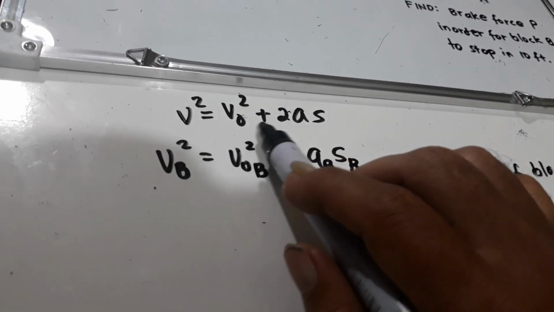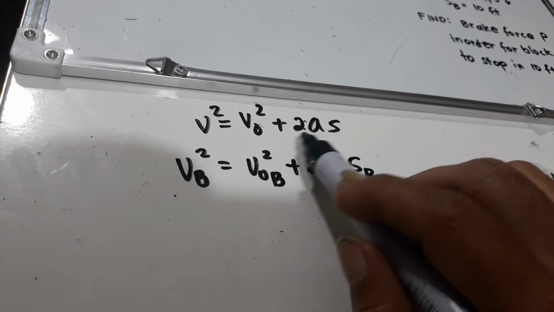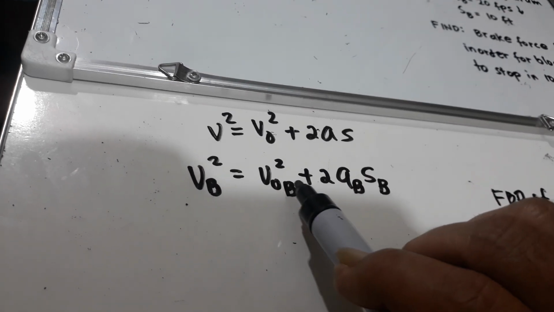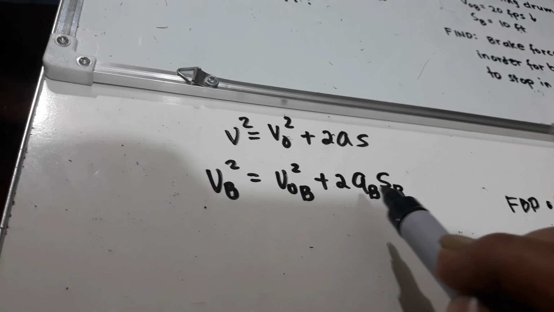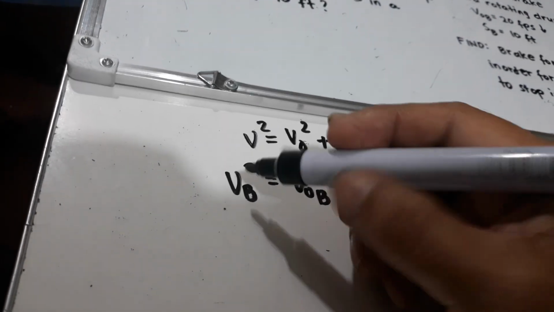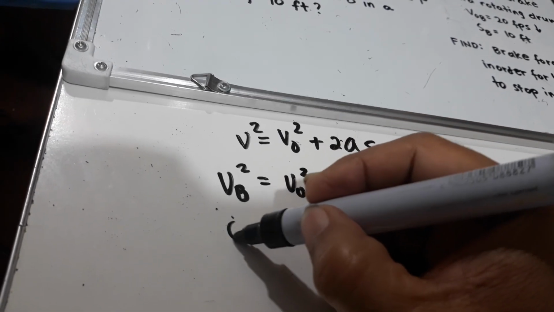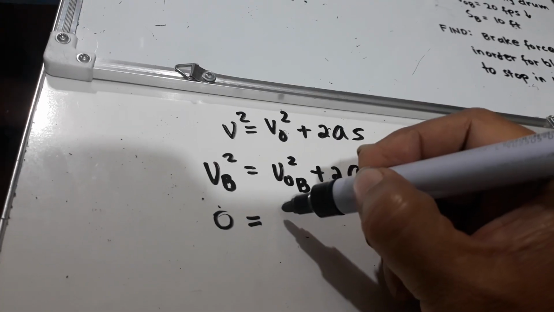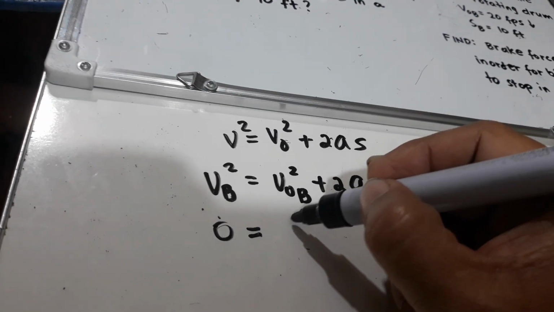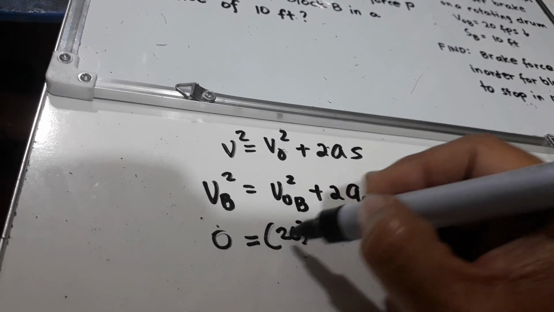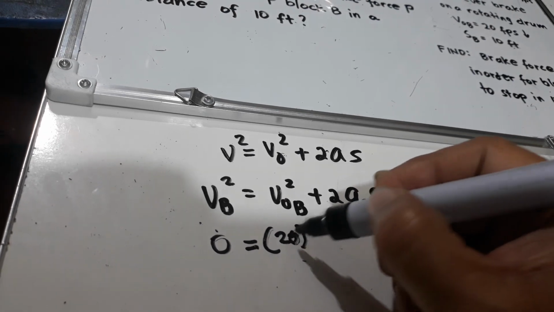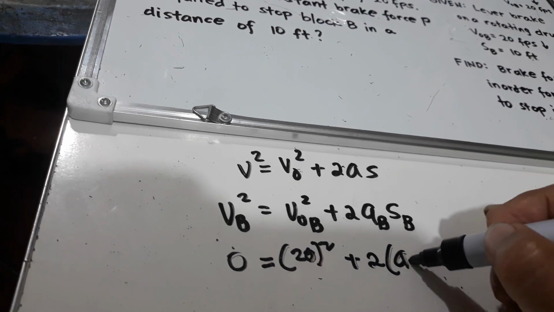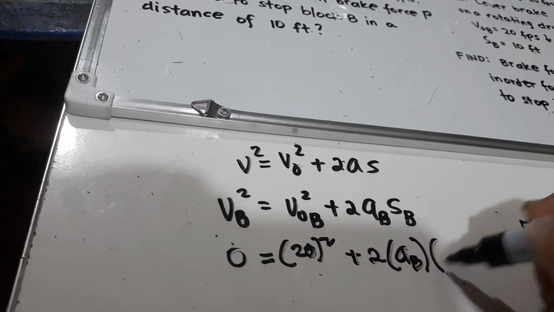V squared is equal to V sub O squared plus 2AS. Adapting this formula to block B, we have V sub B squared is equal to V sub O sub B squared plus 2 times A sub B times S sub B. Since block B will have zero final velocity, zero is equal to the initial velocity 20 squared plus 2 times the acceleration of block B, which is unknown, times S, which is 10.